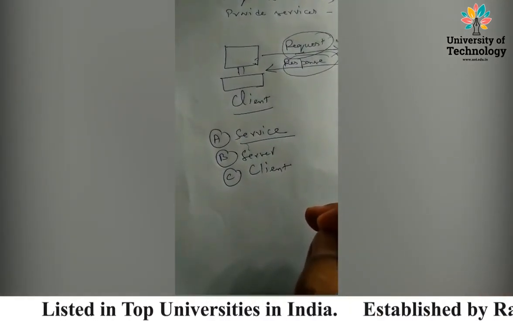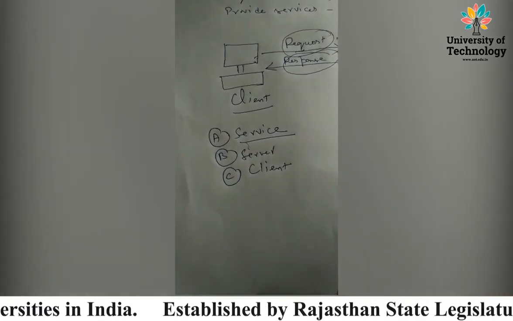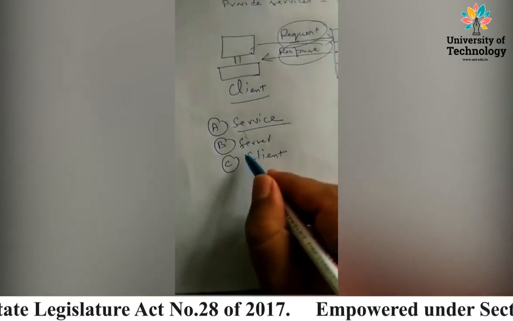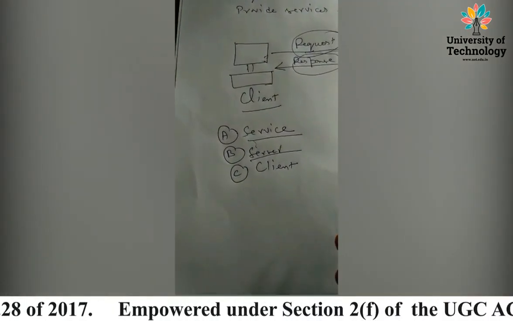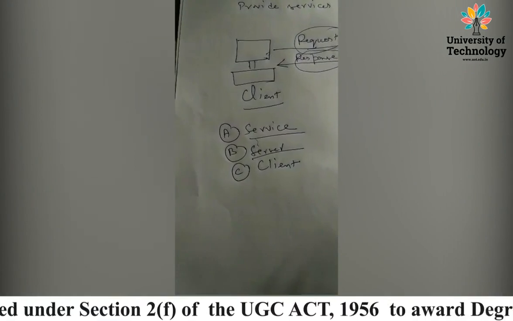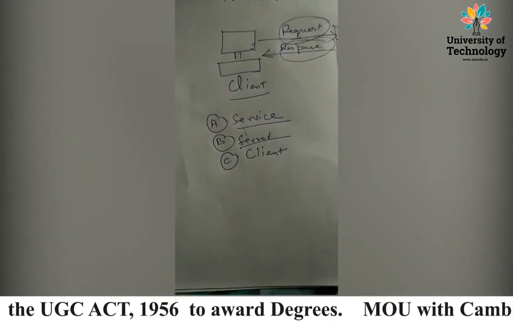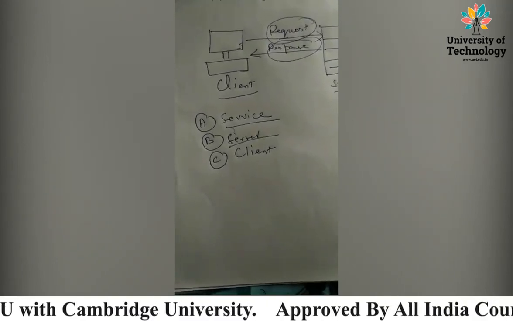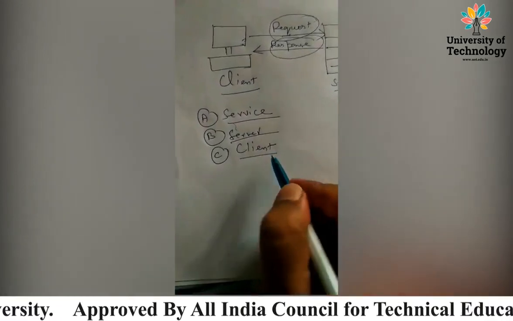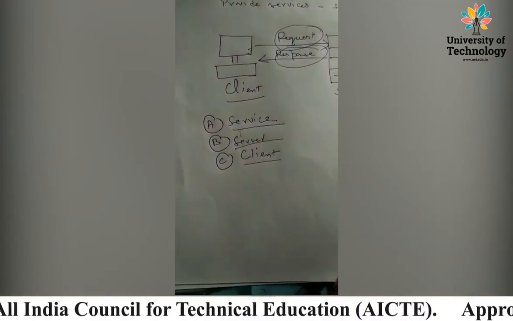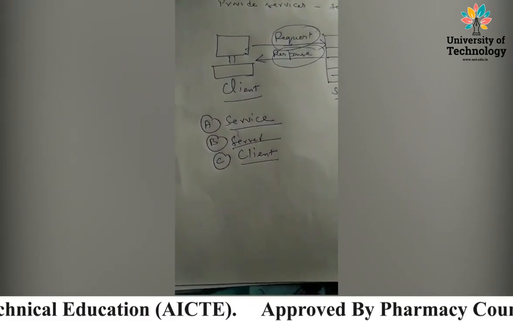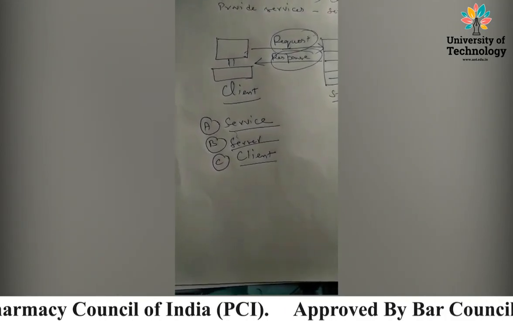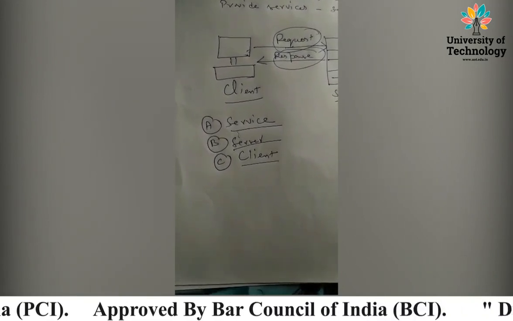It provides an abstraction of a set of well-defined operations in response to applications' requests. A server is an instance of a particular service running on a single machine. A client is a software entity that exploits services provided by servers.